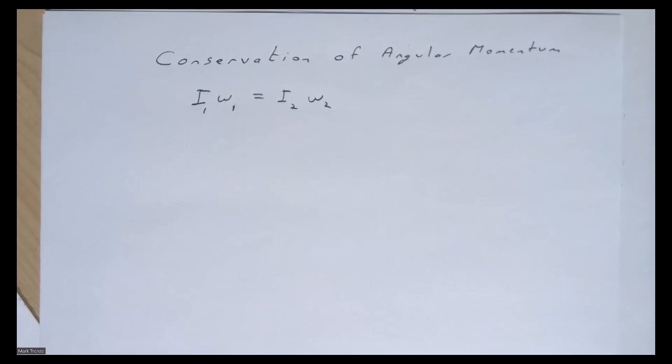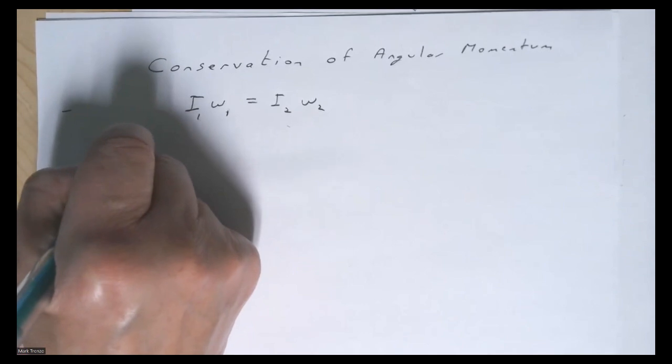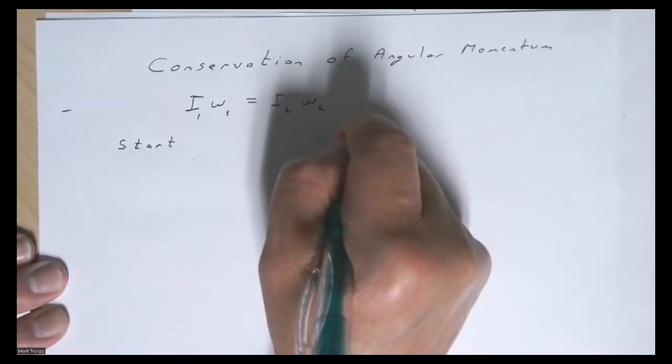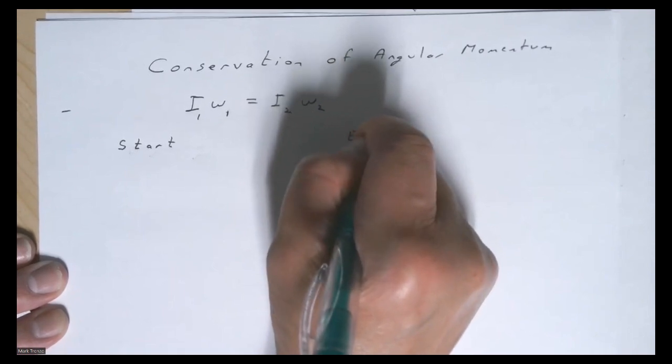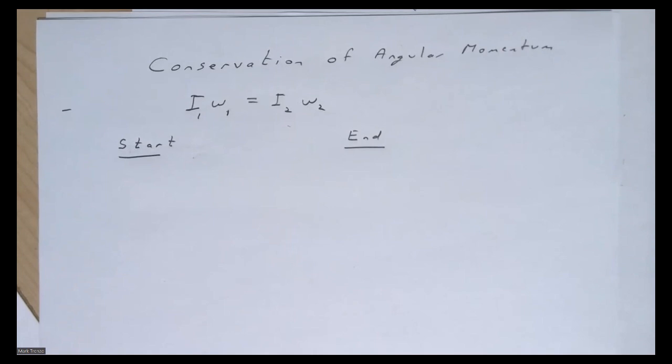So let's take a look at this. We're going to have the start, and call it the end or the second state. What's interesting this time is that we have a change in mass moment at the start and the finish.